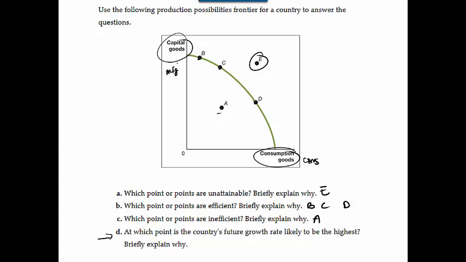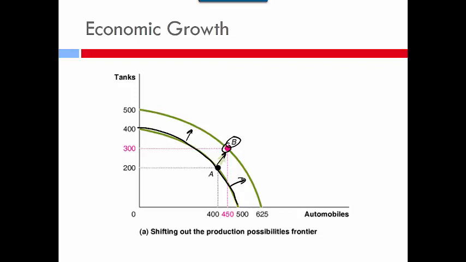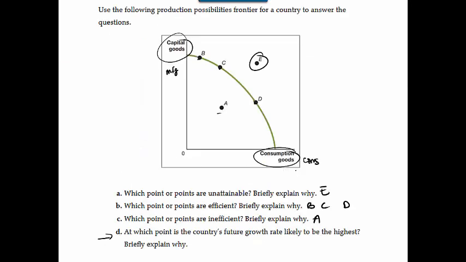But capital goods are things that are going to increase our production in the long run, make us more efficient in the long run. If we go back to this graph, capital goods are things that are going to push that production possibilities frontier out. So more technology, more property, plant, equipment, those types of things. So point B right here with more capital goods is going to give us a higher growth rate in the future, because that's made up of those things that lead to that growth rate.